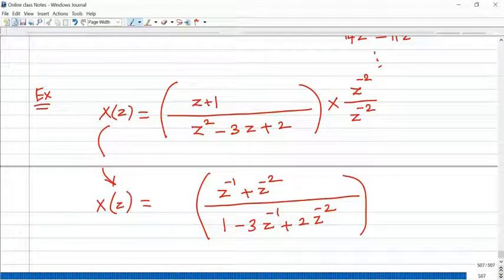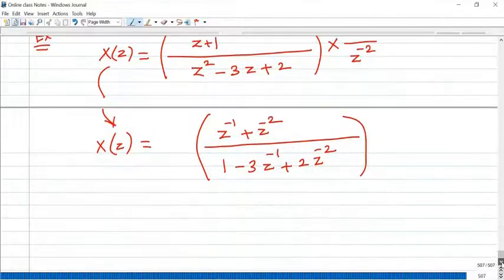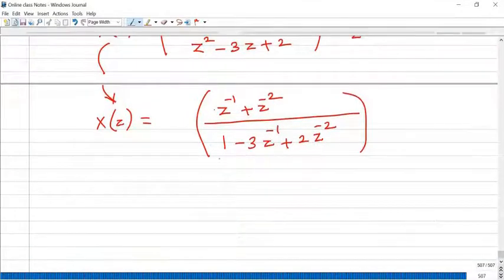Now your x of z has a constant, z power minus 1, z power minus 2 and so on. The numerator constant is not there; let it be z power minus 1, z power minus 2 and so on. Now follow the first problem format. For x of n to be causal, keep it as it is.